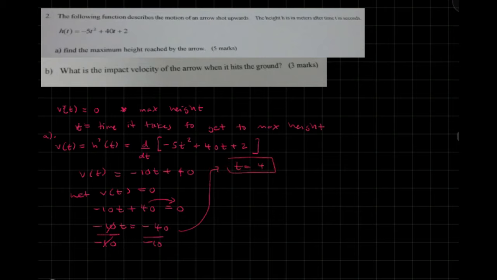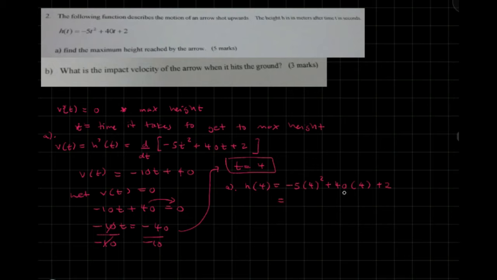Okay, so at 4 seconds, the object will reach its maximum height, but we want to figure out what the maximum height is that it reaches. So what we need to do is plug this back into our height function. h of 4 is equal to negative 5 times 4 squared plus 40 times 4 plus 2.